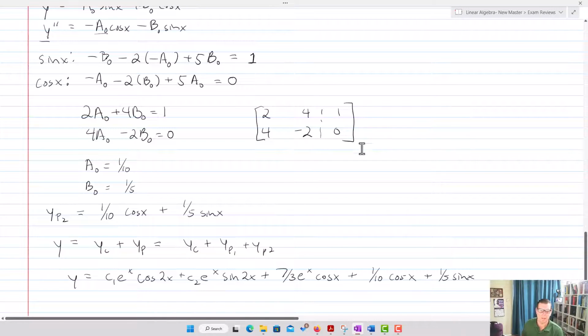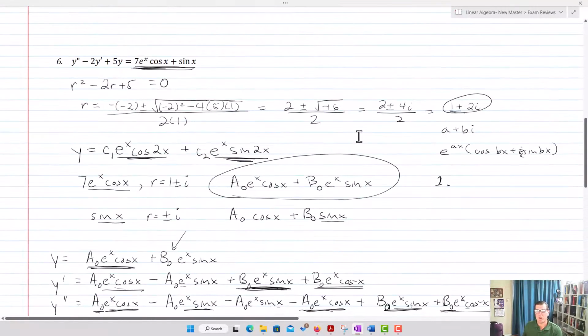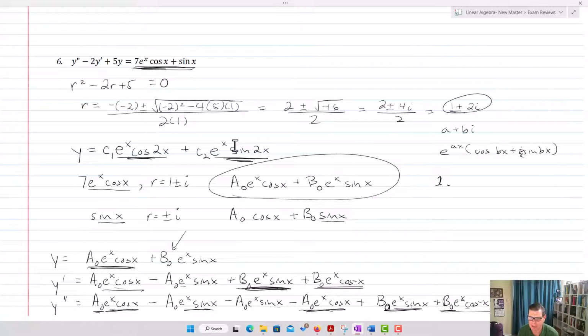So, a couple big pieces here. One, for my testing purposes, you don't have to use an annihilator. If the annihilator helps, great. If you want to use trial solutions, you can also use trial solutions. And I just find that trial solutions are easier for me to use than an annihilator.